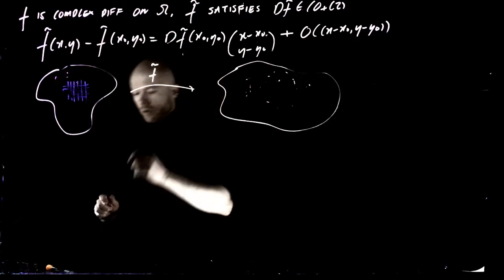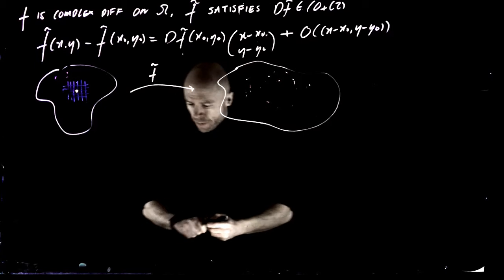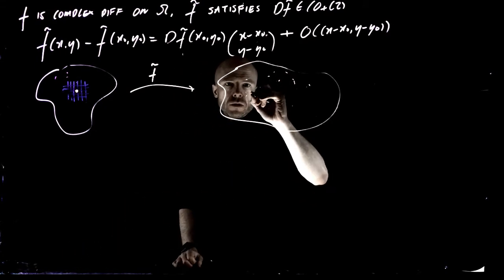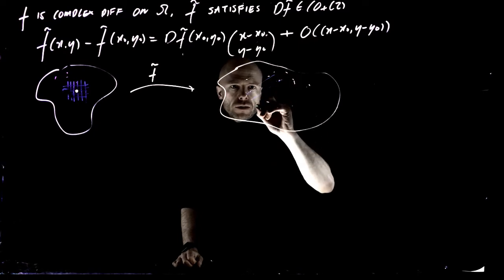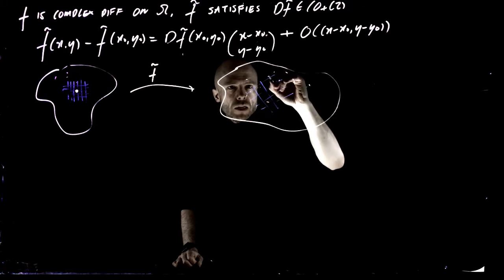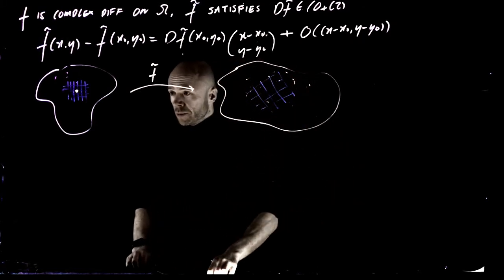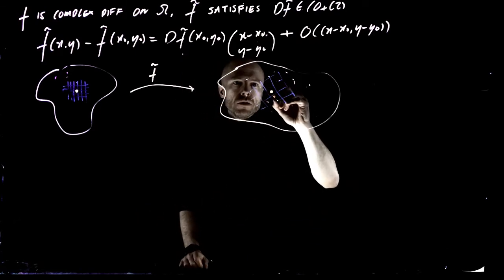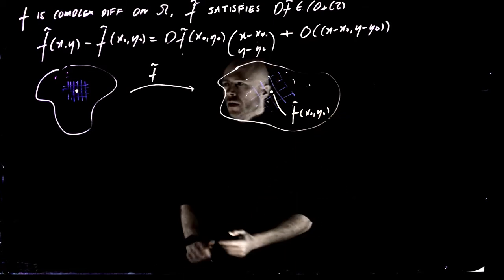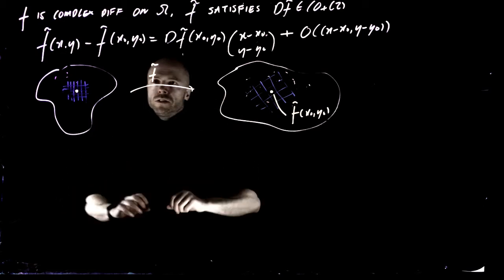Then what's going to happen around the point here when it's differentiable? These grid lines will be sent to some grid lines like this, and they might be expanded or shrunk. But on a small scale, they will remain looking like grid lines. And this is f tilde of x0, y0. Only on a small scale, though. You have to go on a very small scale to see this.